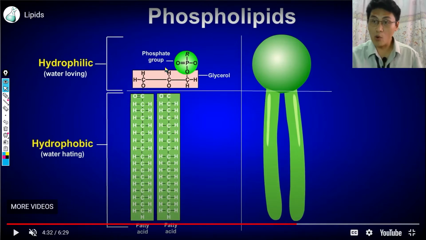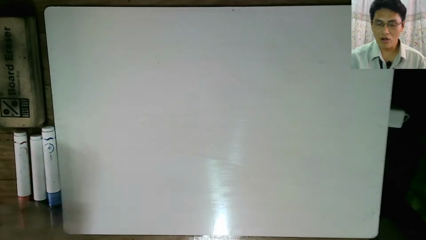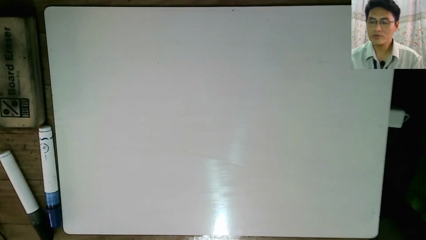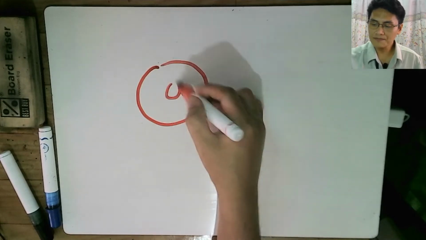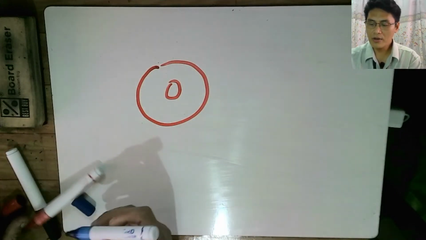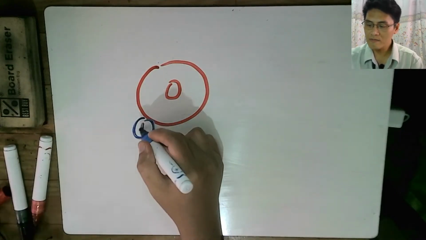And remember, water is also a polar molecule because again of the fact that oxygen is a very electronegative atom. So you have oxygen here, and then you have the hydrogen here, right?